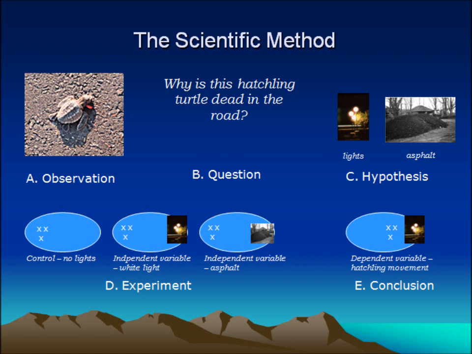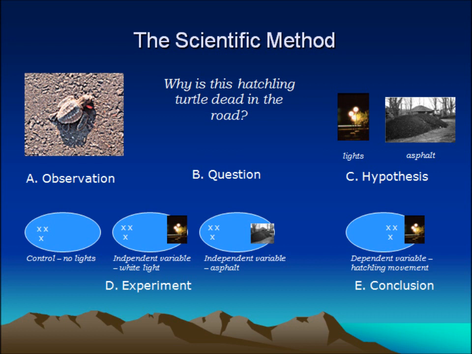So we have a control tank that has all of the same things as the experimental tanks, just to check and make sure that it's not something about the tank that's causing the sea turtles to behave however they behave, so that we would know for sure that it's because of what are called the independent variables. So an independent variable is what the scientist, or what you, are manipulating.